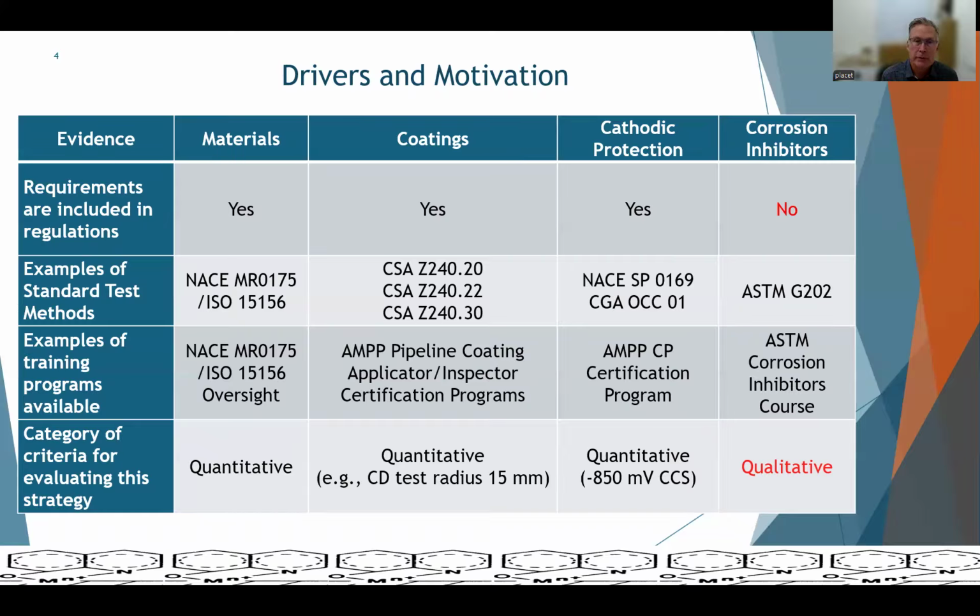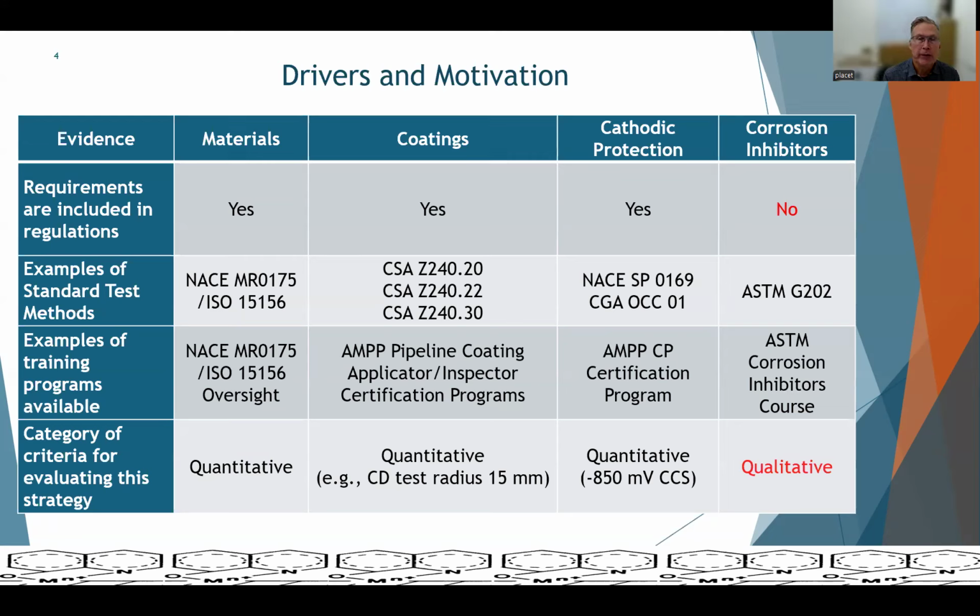Cathodic protection, again, we see the same thing. The requirements are embedded into our regulations quite vigorously. We have standard test methods that have been published that we've all come to trust. There are certification programs. And again, we've got quantitative criteria for when that is effective and when it's not.